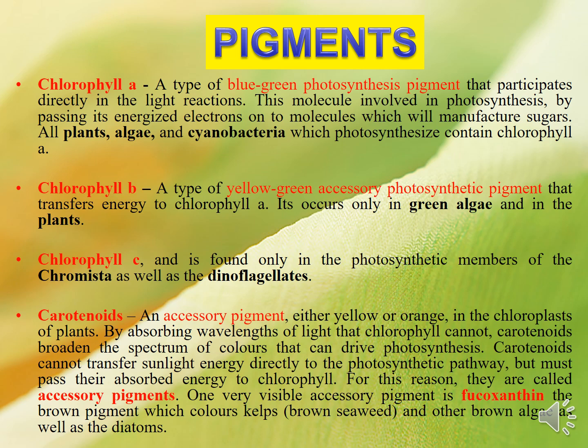Chlorophyll A is found in all phototrophic organisms. However, the other accessory pigments can be found in certain plant species and may be absent in others. Under carotenoid you have fucoxanthin, which is also an accessory pigment, found in brown seaweed and also in diatoms. Both of these are under the algae group.